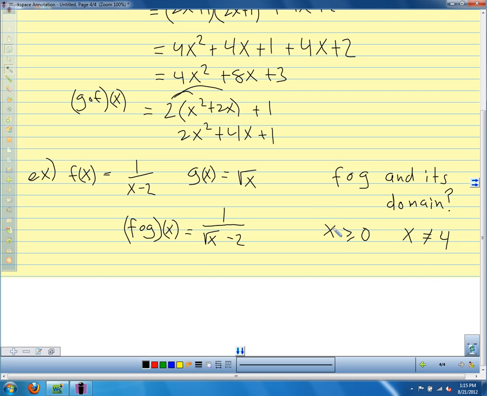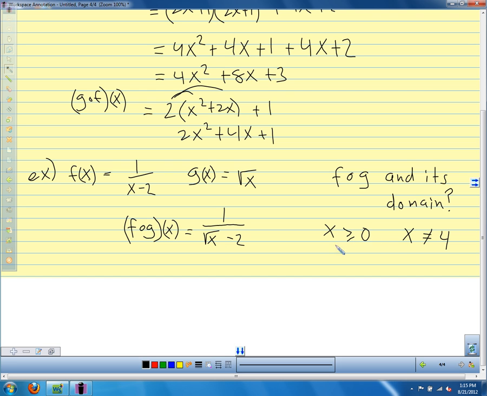So we had to restrict our domain based on what could go into g, and we had to restrict our domain based on what was going to give us a problem in the entire composition. So we looked at the domain of g, and we looked at the domain of this final function.